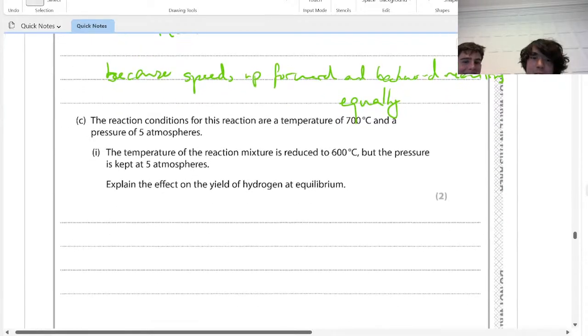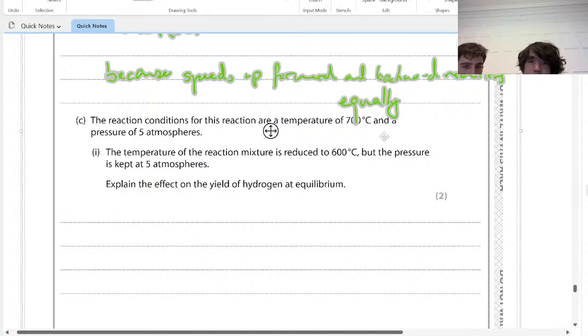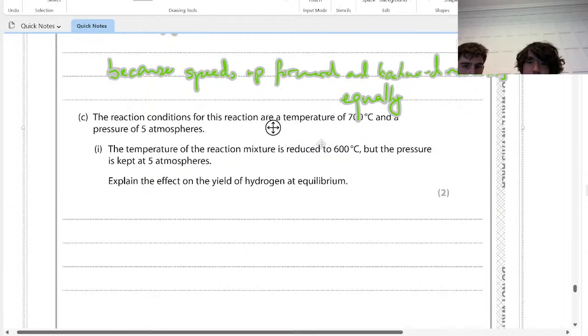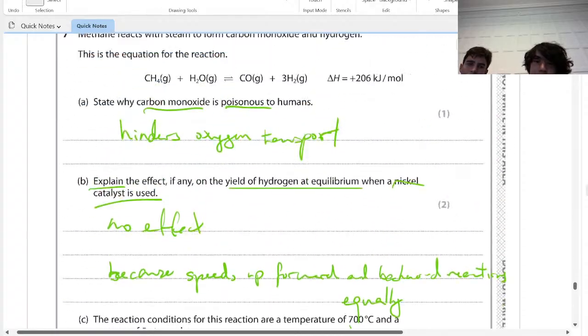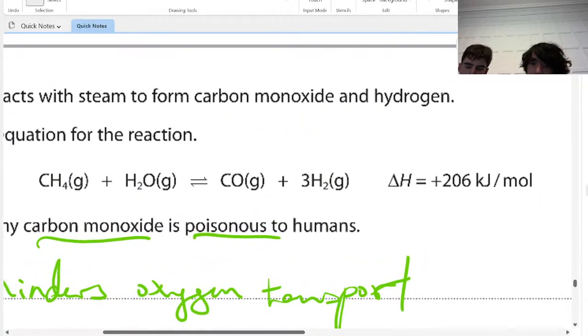Right. The reaction conditions for this reaction: the temperature is reduced to 600, but pressure is kept at 5 atmospheres. So we're reducing the temperature, and there's no pressure change, so you don't need to worry about it. If we look at the delta H, it's positive, so that means it's endothermic.